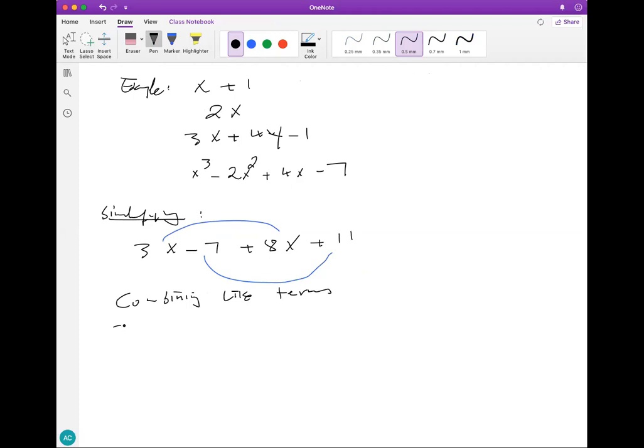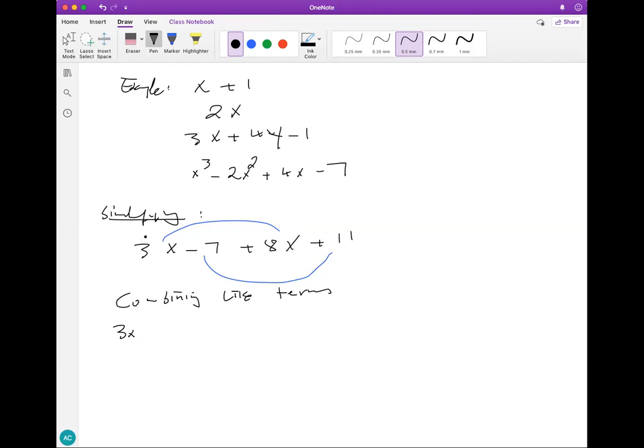So we take 3x and we bring the positive 8x next to it. Each term has its sign to the left. So when you use the commutative property to move a term to another location, make sure you bring the sign with it, which is always to the left. So this is 3 minus 7, which means the negative sign belongs to 7. What is the sign of 3x?